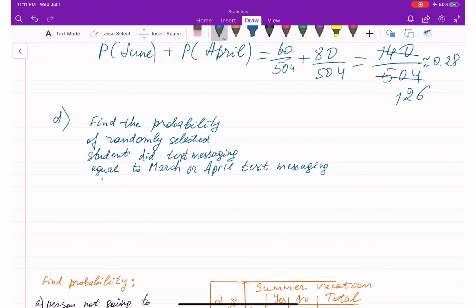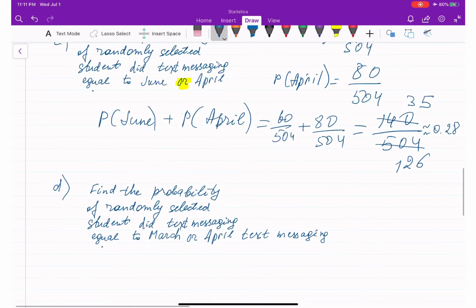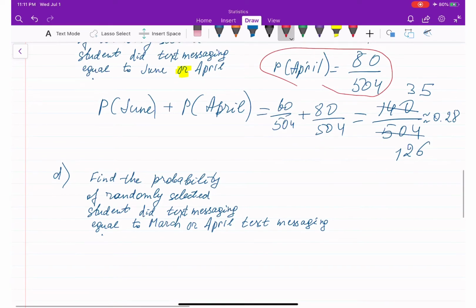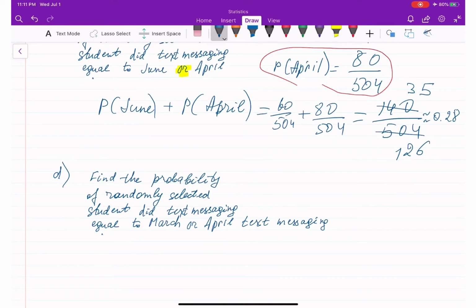Next. Find the probability of a randomly selected student that did text messaging equal to March or April. For April we have 80 over 504. So let me write down the probability for April.